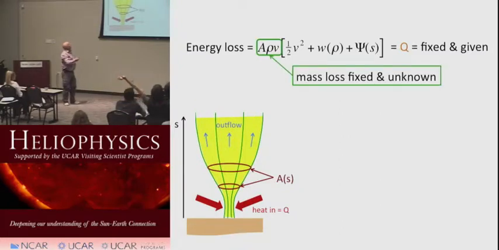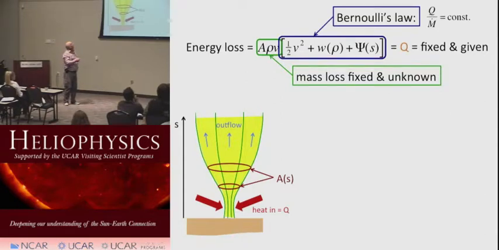Okay? This, though, if I look at it, this is the mass flux. This is basically the amount of material that's leaving. And I have to think in terms of the energy losses, I have a fixed amount of mass coming out of here, and all of these guys have to balance. And actually, this is Bernoulli's law right there.